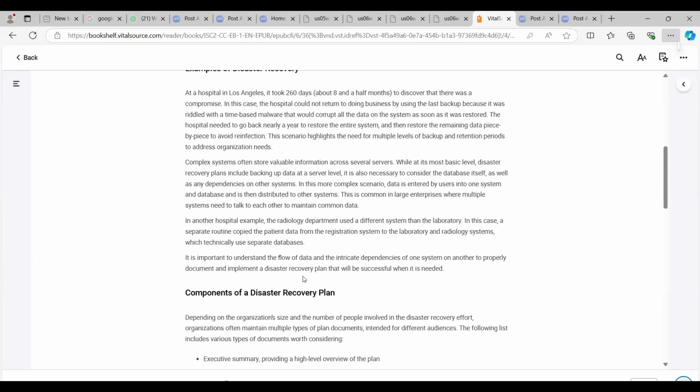So in this case, a separate routine copied the patient data from the registration system to the laboratory and radiology systems, which technically use separate databases. So it is important to understand the flow of data and the intricate dependencies of one system on another to properly document and implement a disaster recovery plan that will be successful when it is needed.